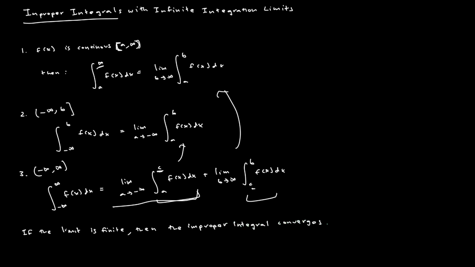But if a finite limit fails to exist, then our integral diverges. So we're not always guaranteed to have a finite limit that we would evaluate to when we use these improper integrals. And when that's not the case, then we can say that the limit diverges.